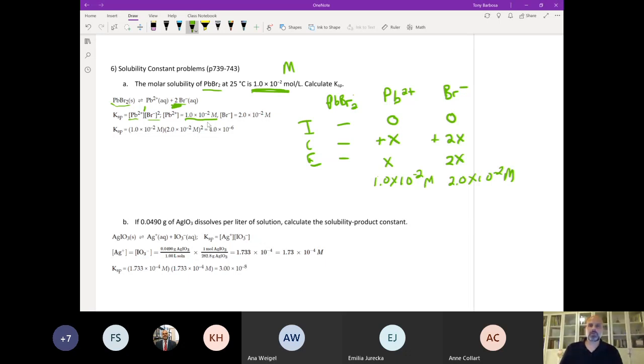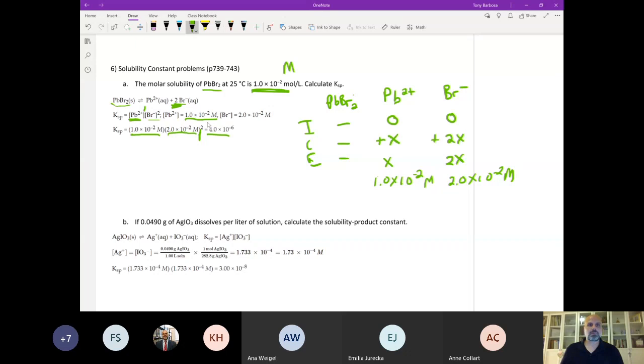So now we're going to work backwards, plugging this into the Ksp equation. So we have our lead 2+ concentration times our bromide concentration, which is going to be squared. And we just simply do the math to calculate our Ksp.